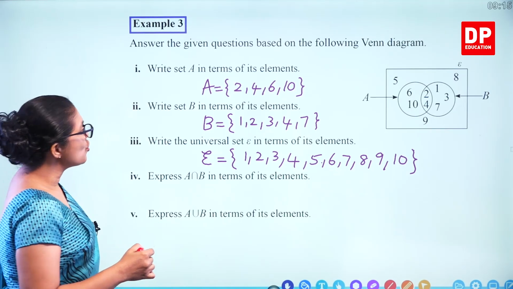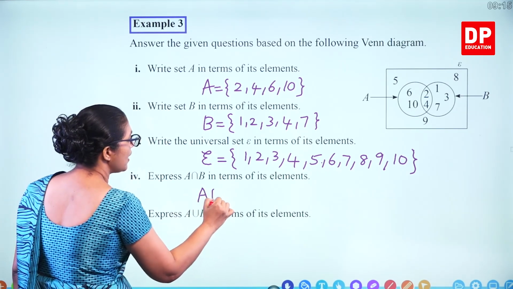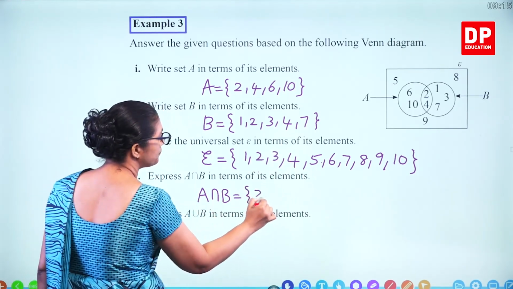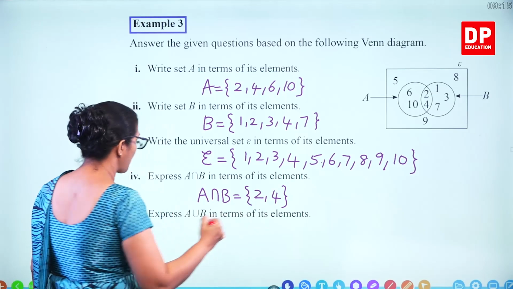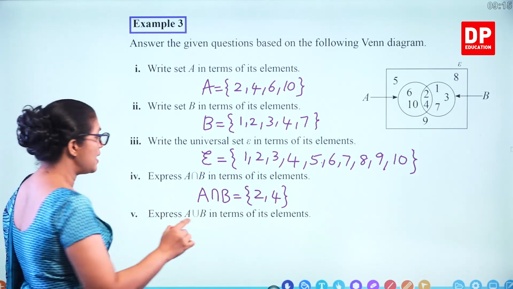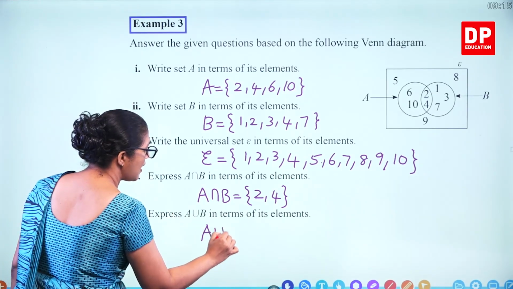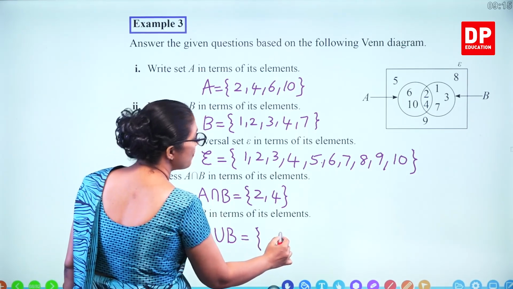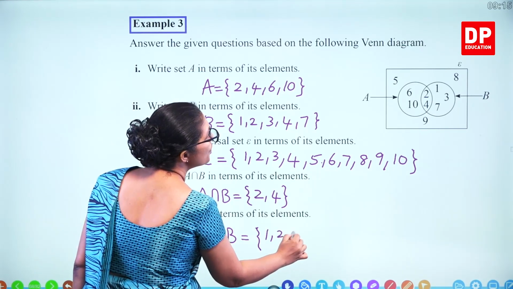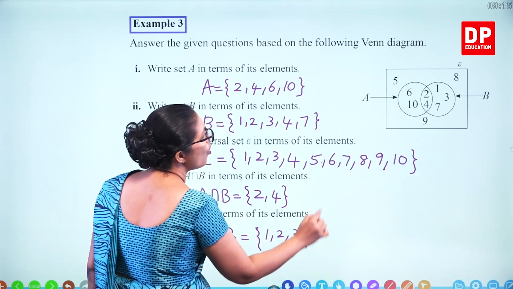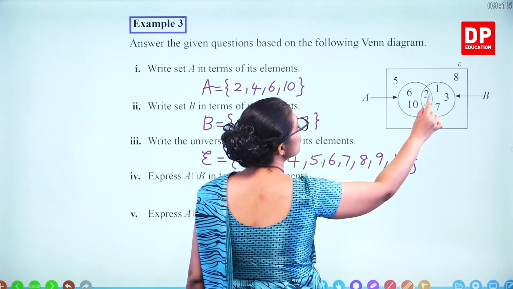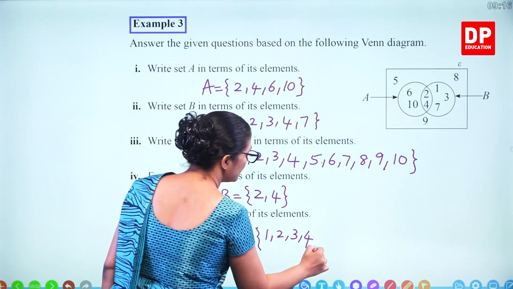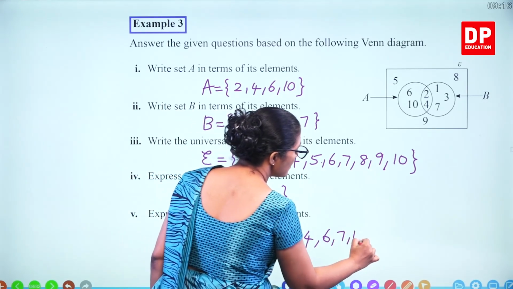Express A intersection B. A intersection B means common ones, 2 and 4. Express A union B. A union B means A or B or both. 1, 2, 3, 4 inside the two circles, and 6, 7, 10.